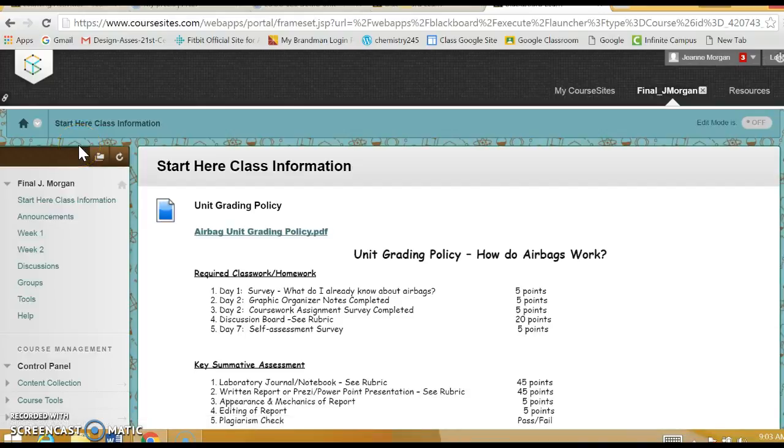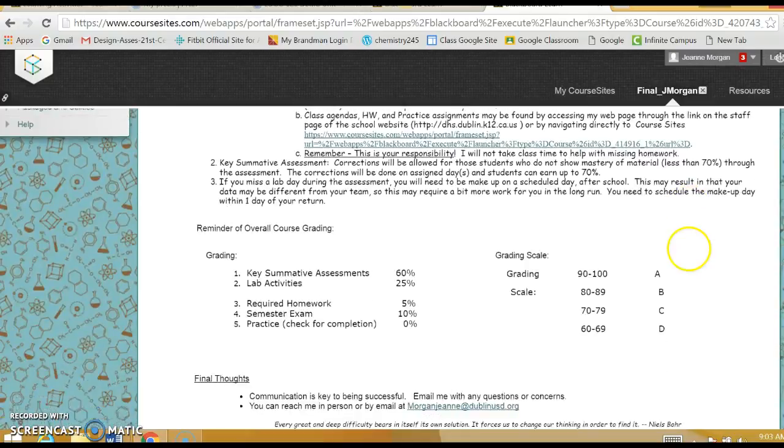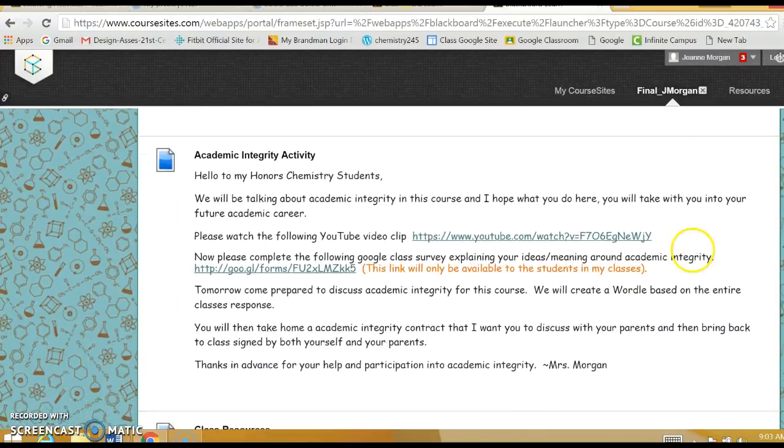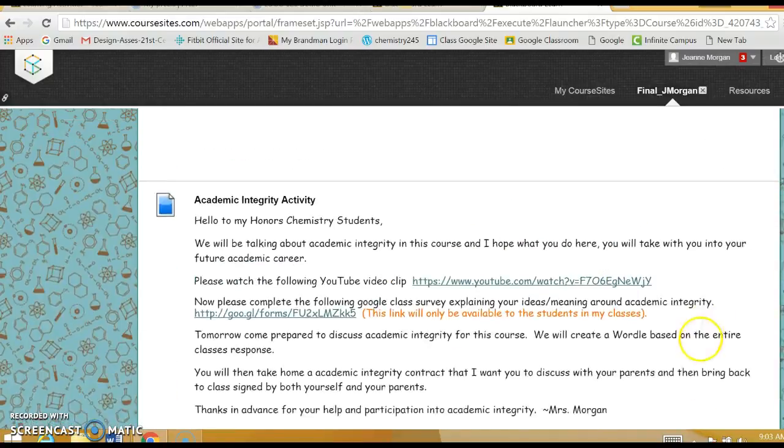So all this information is laid out for students in the class information: how the points are being assigned, academic integrity, the rubrics both for the key assessment as well as for the discussion board, and some class resources for them, periodic tables, reference sheets, things like that that we've used throughout this whole school year.